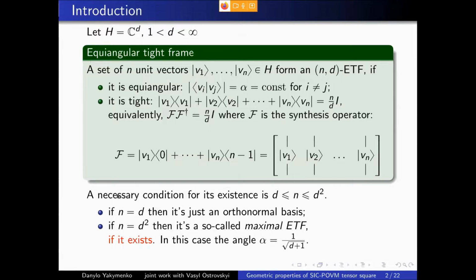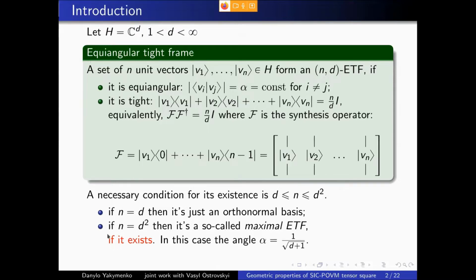All right, and as was mentioned by Professor Ingemar, this is possible only if n is in this interval, and if n is equal to d, then this is just an orthonormal basis.